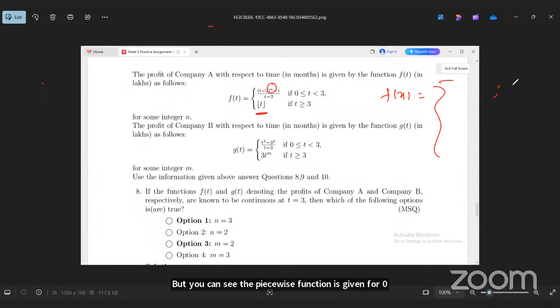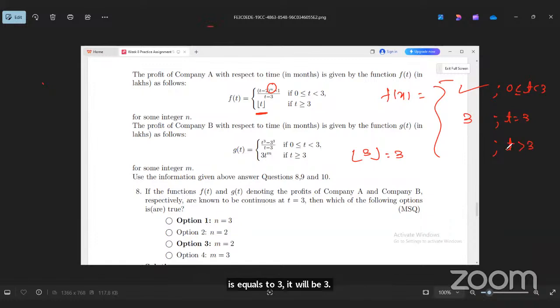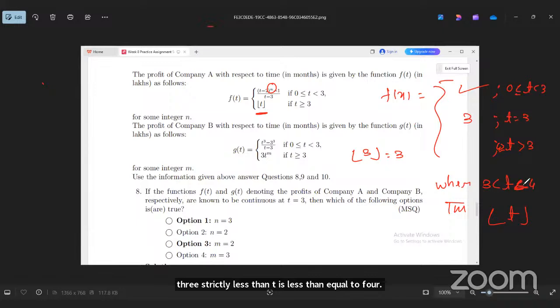Here we just have one expression, so take it as it is. When t is equal to 3, the floor function of 3 is nothing but 3. And when t is strictly greater than 3, in between we can take any integer, so let's take 4. Suppose t is between 3 and 4. Then what will be the value of the floor function in this interval? When 3 is strictly less than t and t is less than or equal to 4, what will be the value of floor of t?